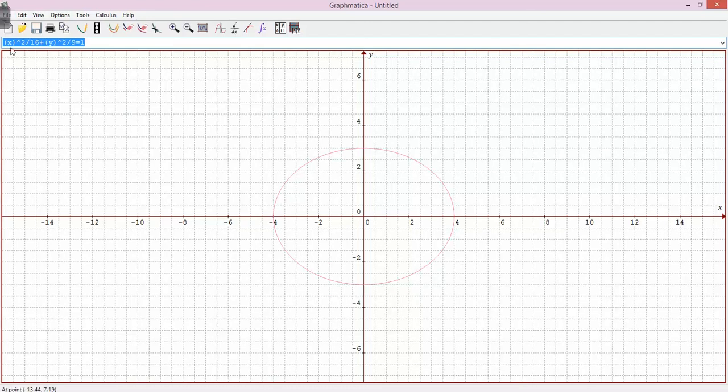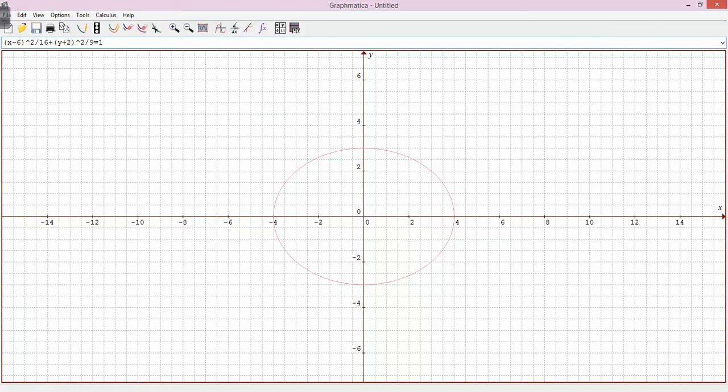Okay, what about moving it away from the origin? Well, let's say we want to move the center 6 across and 2 down. So we want that ellipse centered at 6, -2. So we want to move across 6, and we want to go down 2.